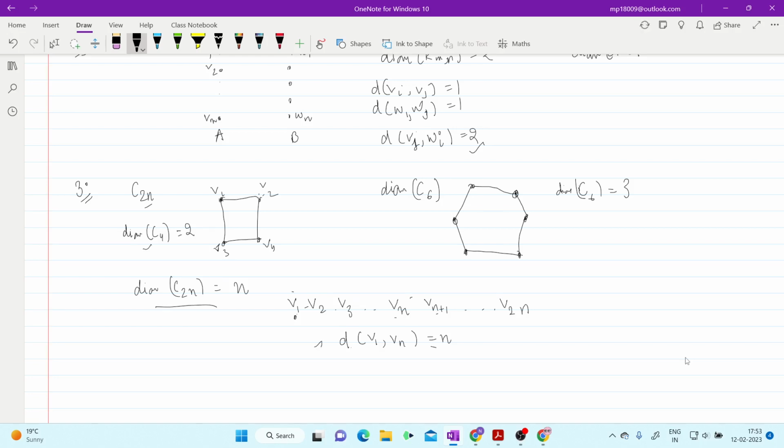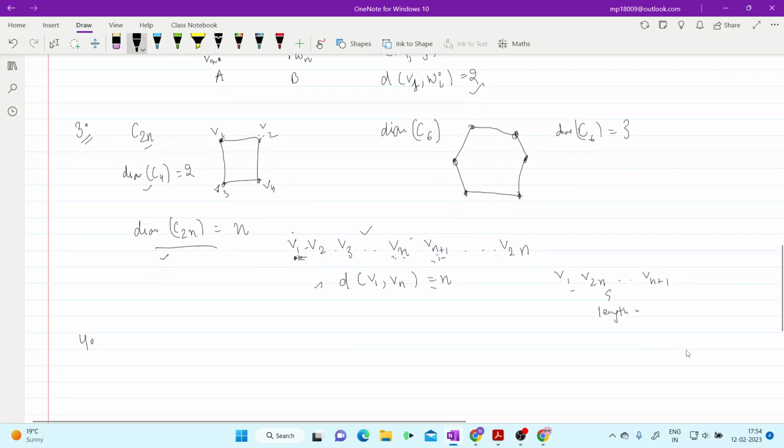Let's see V1 and Vn plus 1. The path V1 to Vn plus 1 along one side has length n plus 1, but this is a cycle, so the path V1, V2n, till Vn plus 1 has length n. Up to the first n vertices the distances are at most n, and after Vn also the distance is at most n, therefore the diameter of C2n is n.